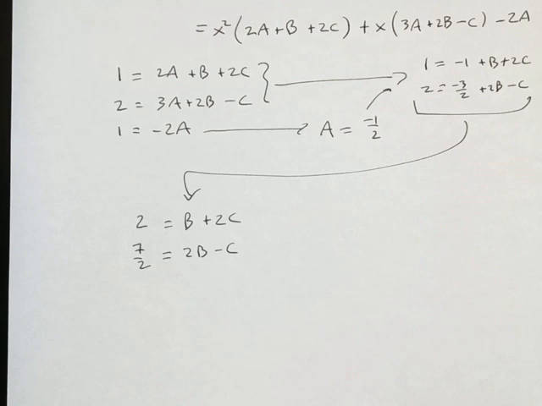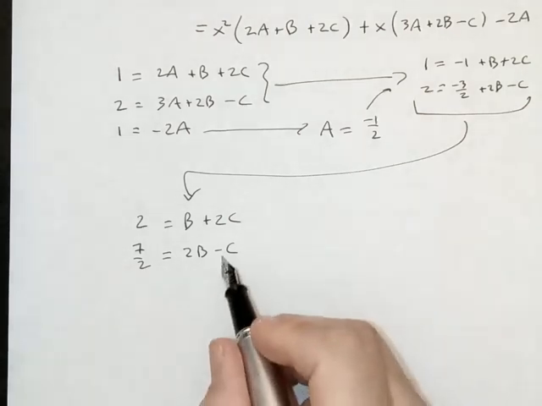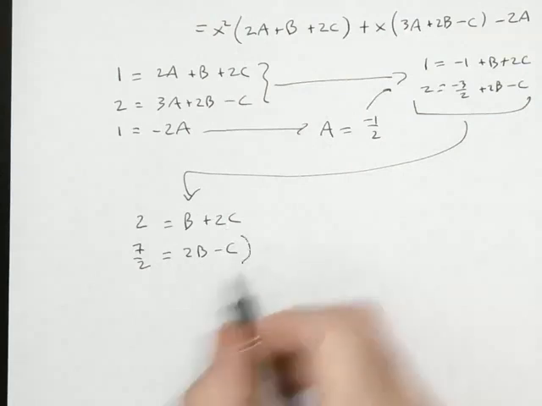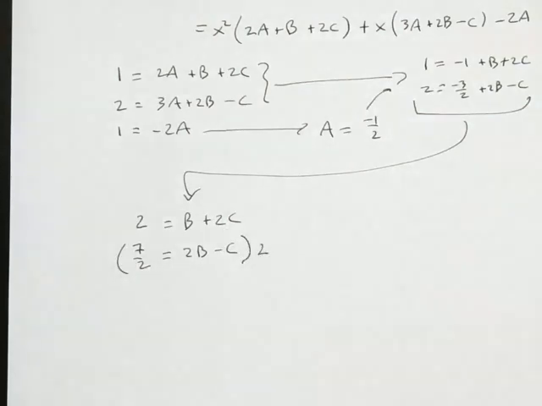Again, several choices. I'm going to do this elimination by addition routine. Multiply one row by some number, add them so something cancels out. Because there's a minus sign here, I'm going to try and cancel out the c's. So I'm going to take this whole equation and multiply it by 2.